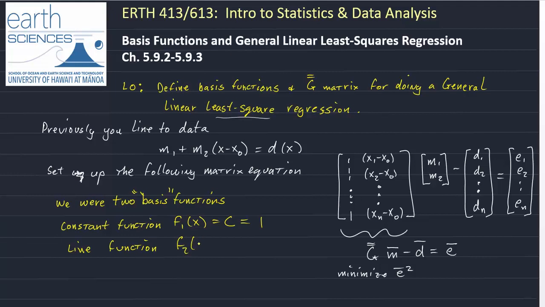We could call that f2 for now. It's a function of x, and in that case was x minus x0, where of course x were the different values of x in our data.